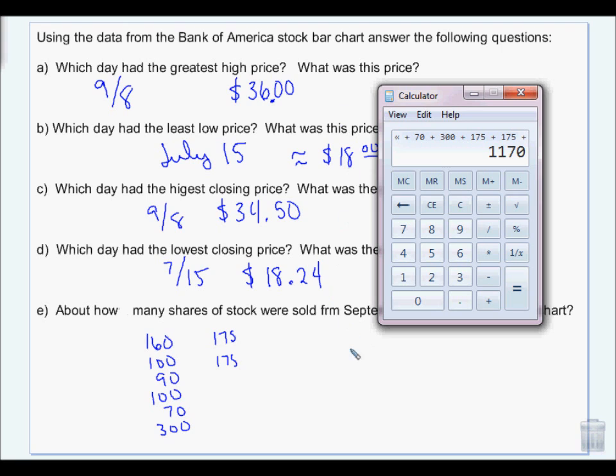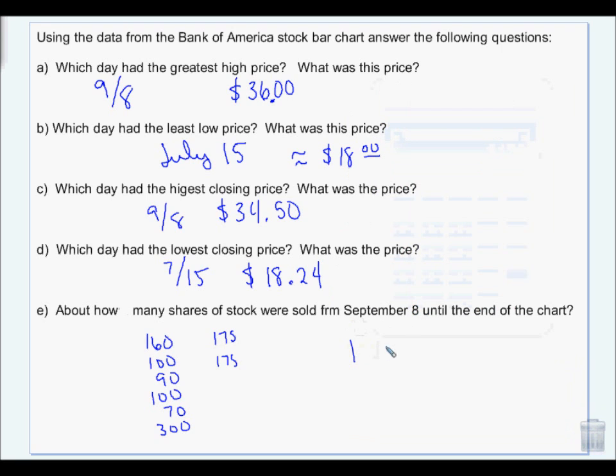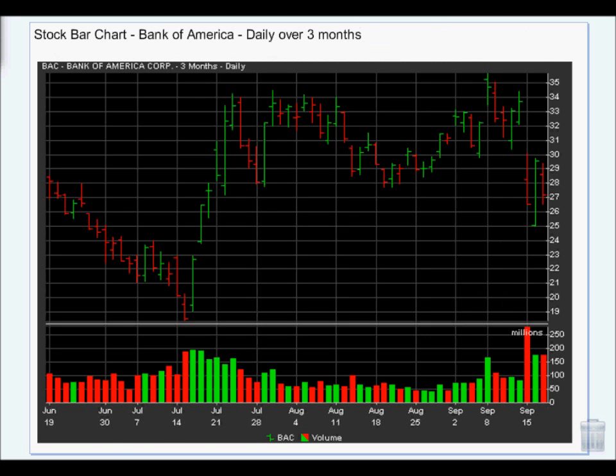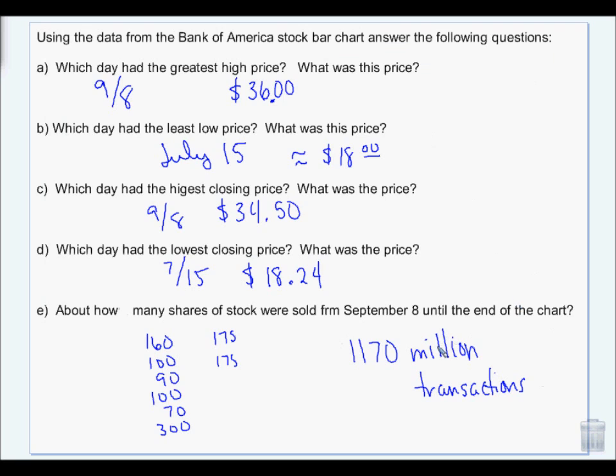So there were about 1,170 million transactions just between September 8th and what was that last day? September 17th. So over 9 days, there were 1,170 million transactions.